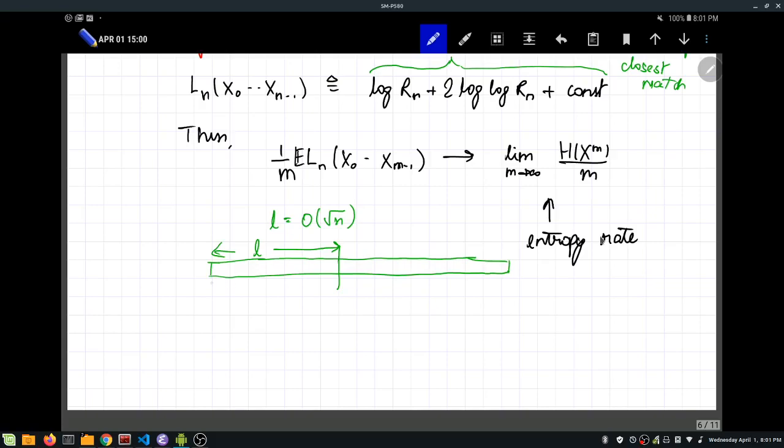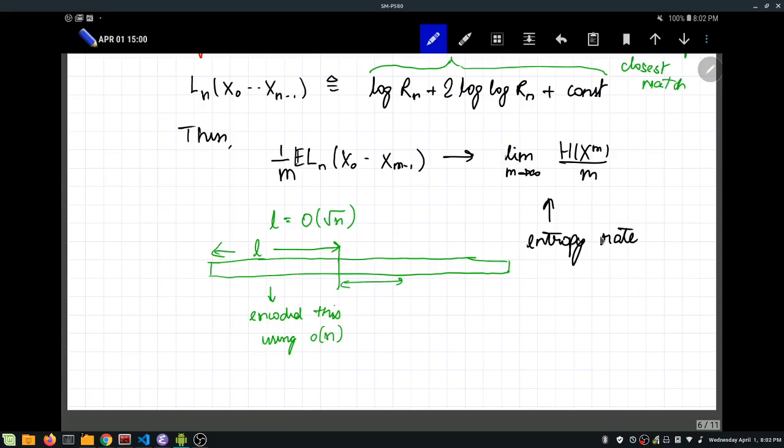No matter how I encode the first L symbols, as long as L is not too large, this requires a number of bits that is not too large. It suffices to look at the size of the next match and so on.